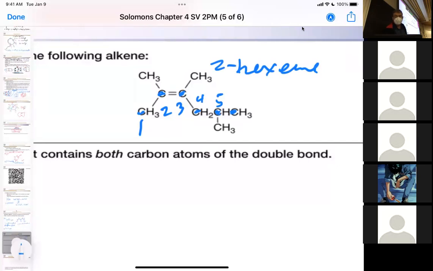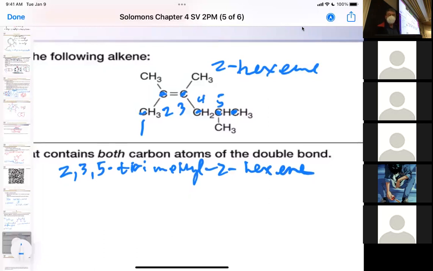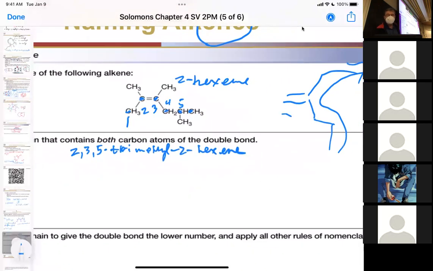So that's going to bring our full name to 2,3,5-trimethyl, no space, dash 2 dash hexene. And again, both of those have to be in there. When we have a group like this, we actually have a special name for that in our common names, and I'll talk to you about that in a slide or two.